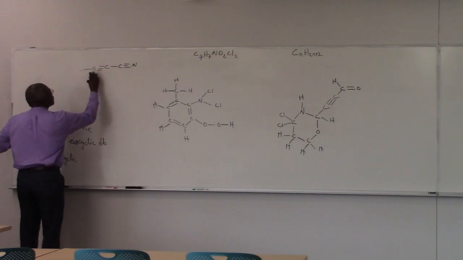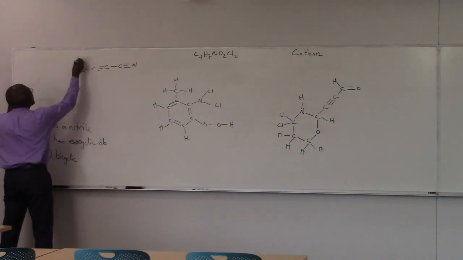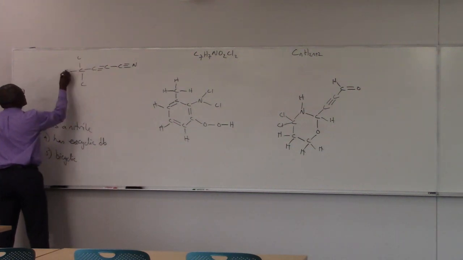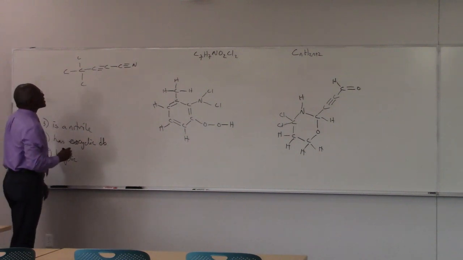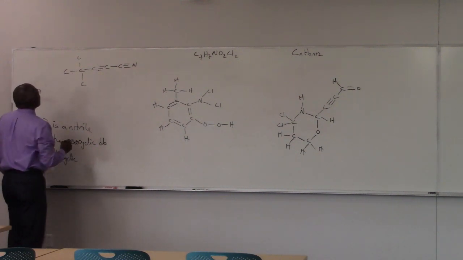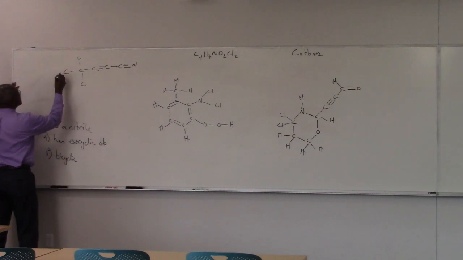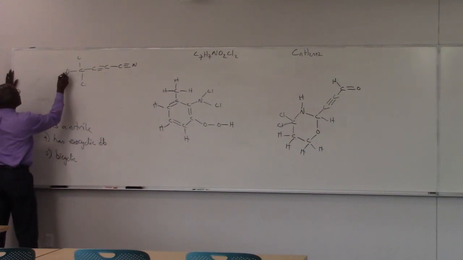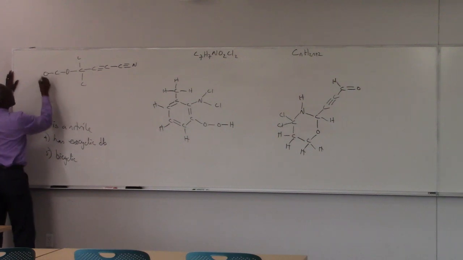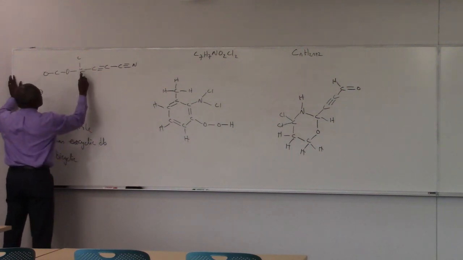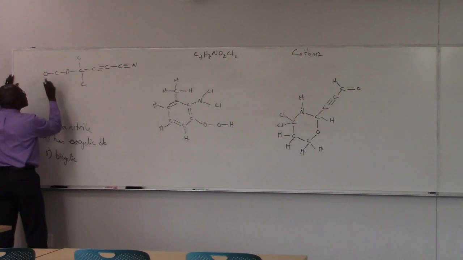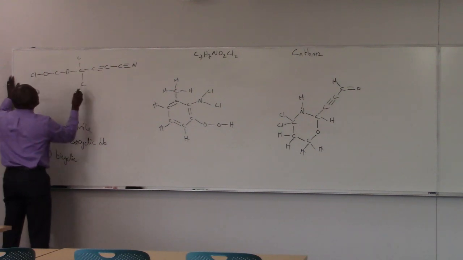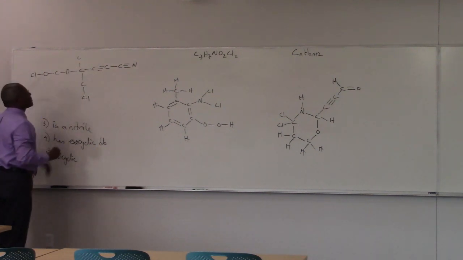So 1, 2, 3, I'm going to go 4, 5, 6, 7 of my carbons. I need O's. Just for the heck of it, just for variety, I'm going to put an O here, and then a C, and then an O. So that's 1, 2, 3, 4, 5, 6, 7 carbons, 2 O's, 1 Cl, 2 Cl's. Doesn't really matter.